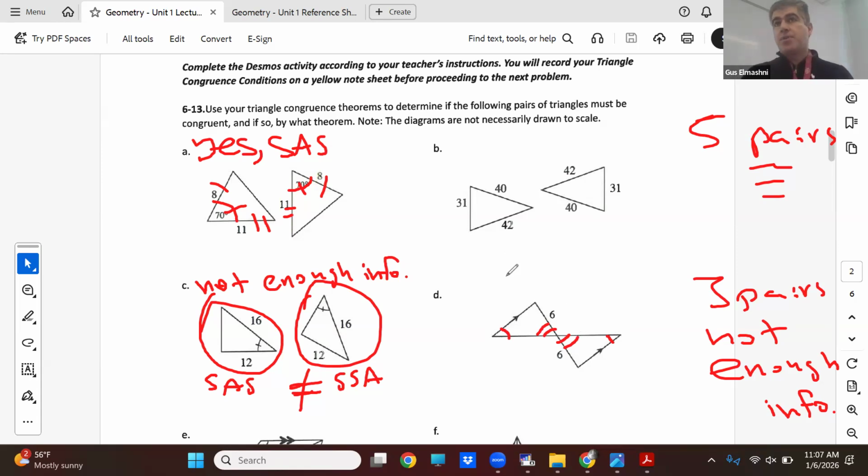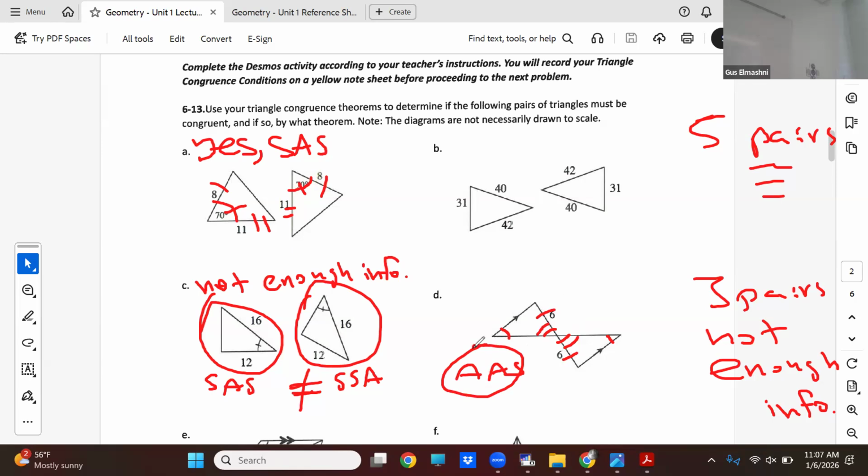You could use a few options. So what I just did right now is I did AAS for both of these, right? Because if you think about it, this lines up with this, and that lines up with that, and these sides line up. And the side's not between the two angles.